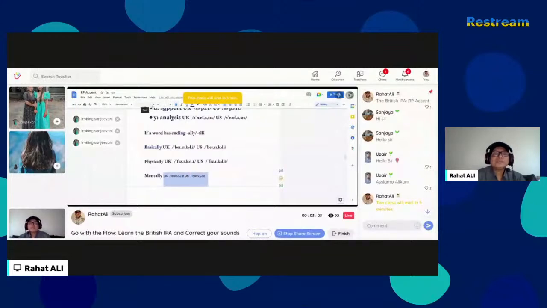So when you're pronouncing the sha sound, once again, the technique is just to assume that the letter is not there. Remember, it's mentally. Think there is no A. Once again, I'm trying to play the recording. Mentally.